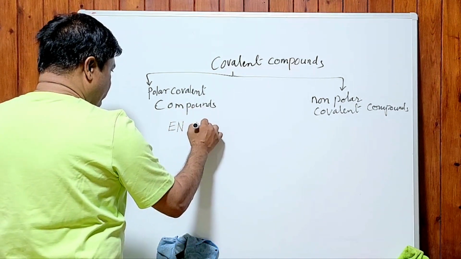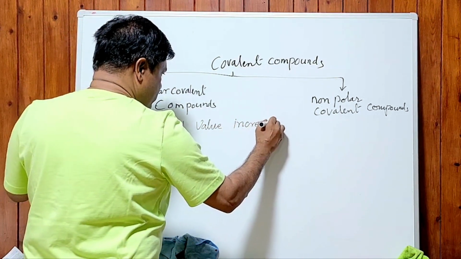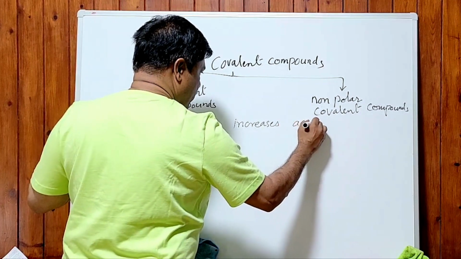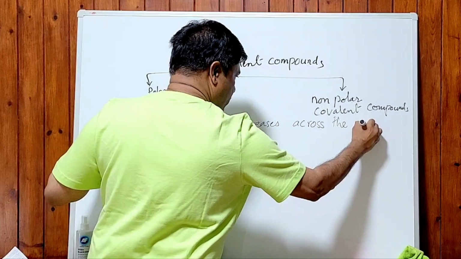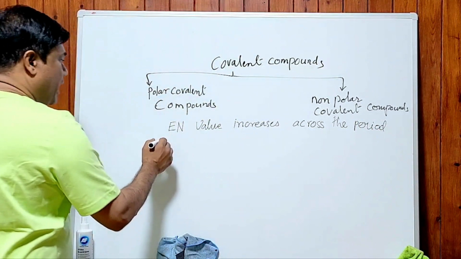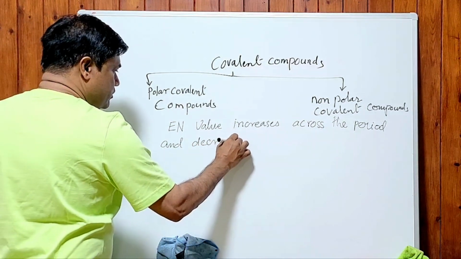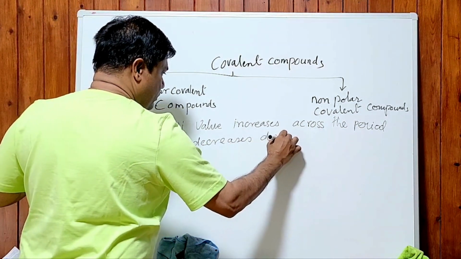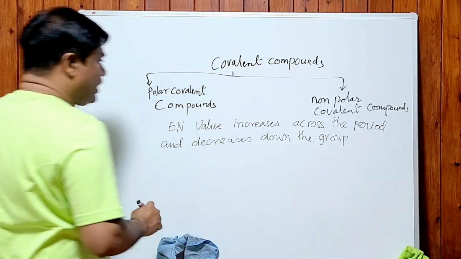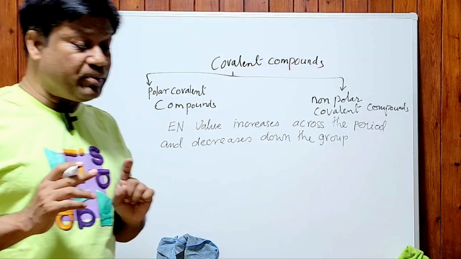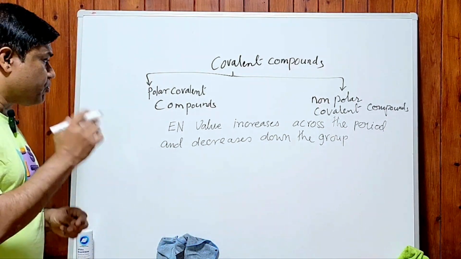Electronegativity value increases across the period and decreases down the group. And electronegativity is the property of non-metals, guys. It's not the property of metals. It's the property of non-metals.